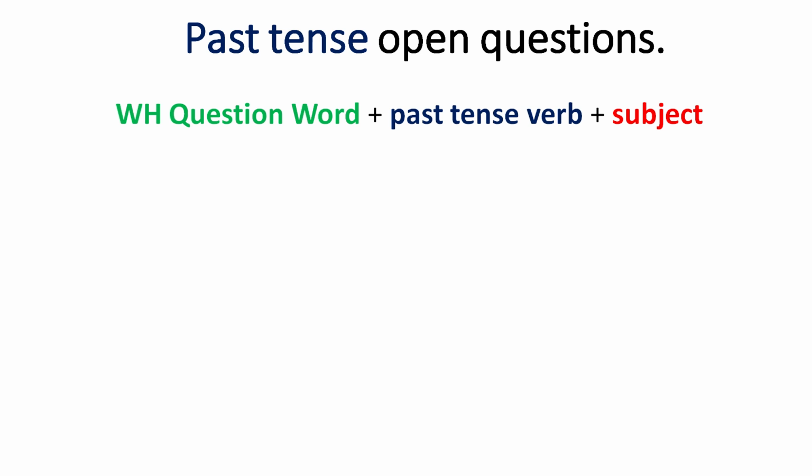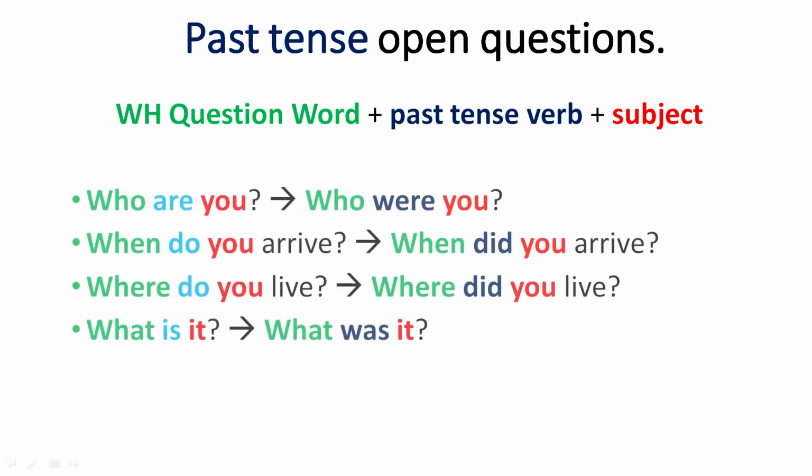Then we need a past tense verb, like was, did, or were. Then we need a subject. For example, who are you becomes who were you in the past tense. We have who, the WH question word, were, which is the past tense verb, and you, the subject.